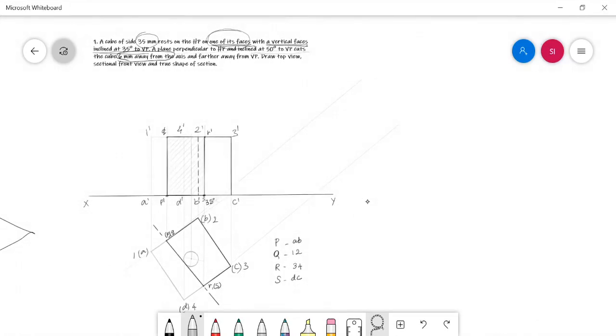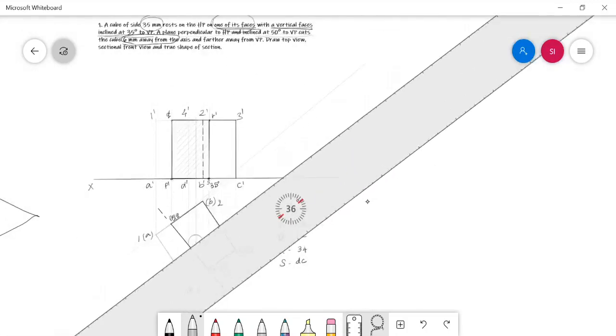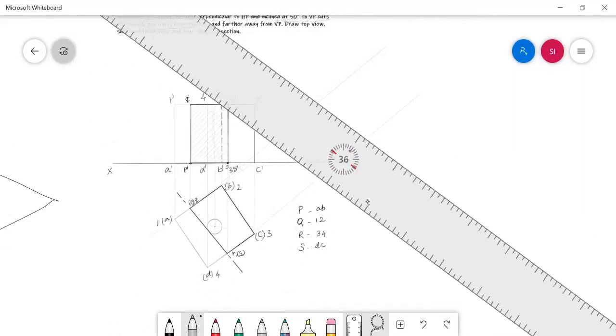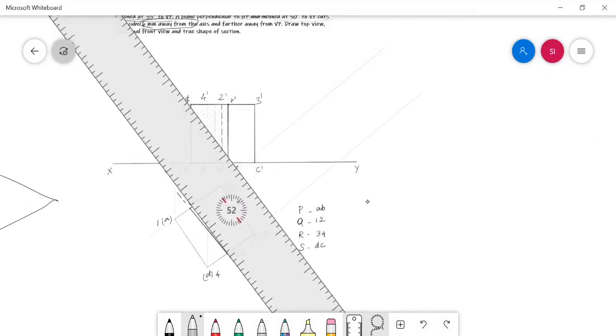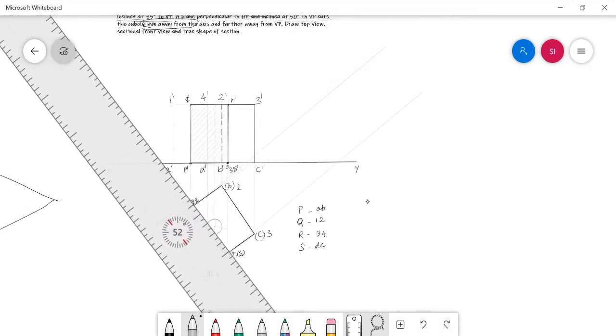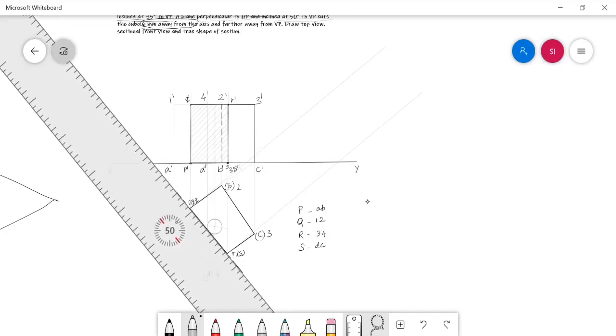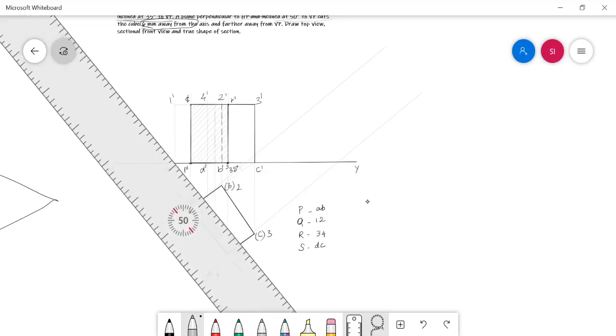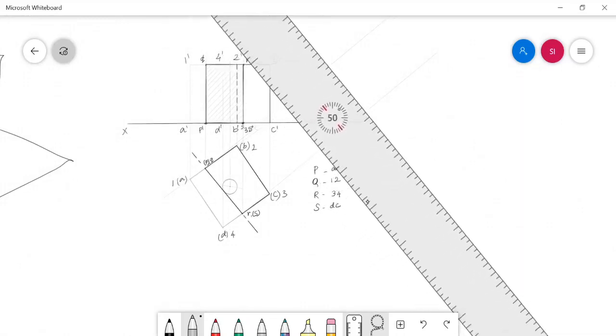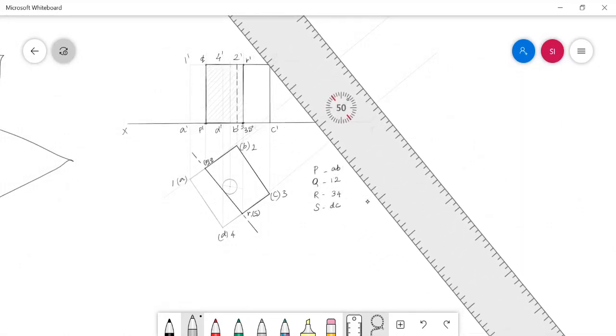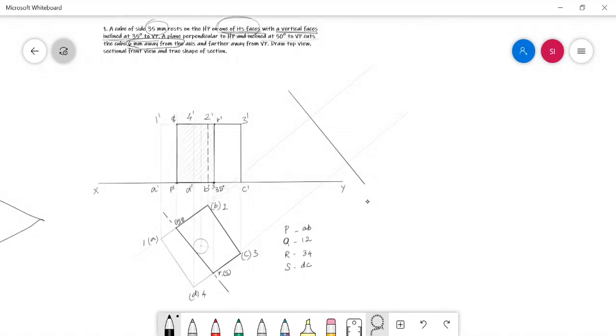And at a convenient place, we can draw the auxiliary reference line x1 y1, which is parallel to our cutting plane. This is our x1 y1.